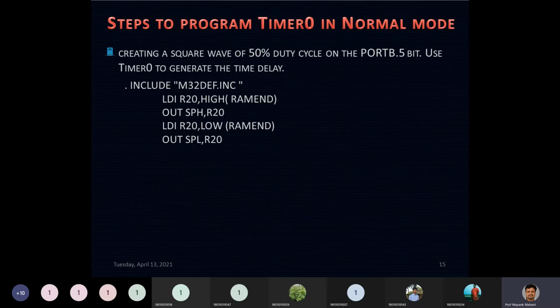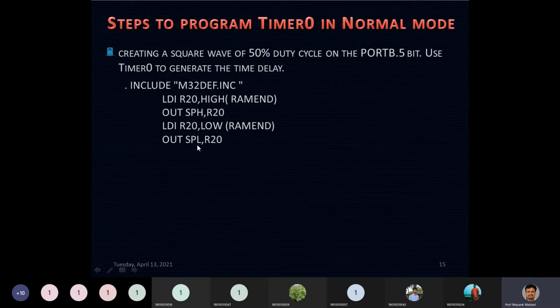So I can use this assembler directive. The assembler directive will take care of the highest memory location of your ATmega32. It will copy the higher address byte of RAMEND into R20, and we will use this to load it into SPH.